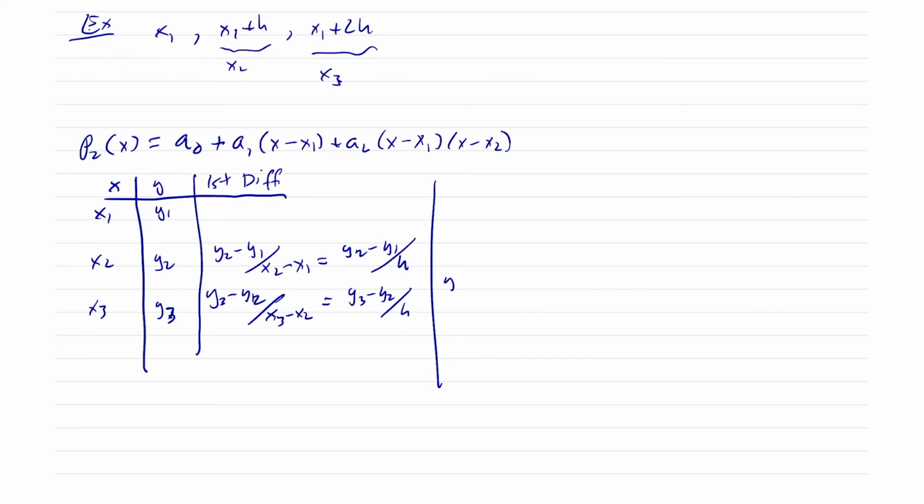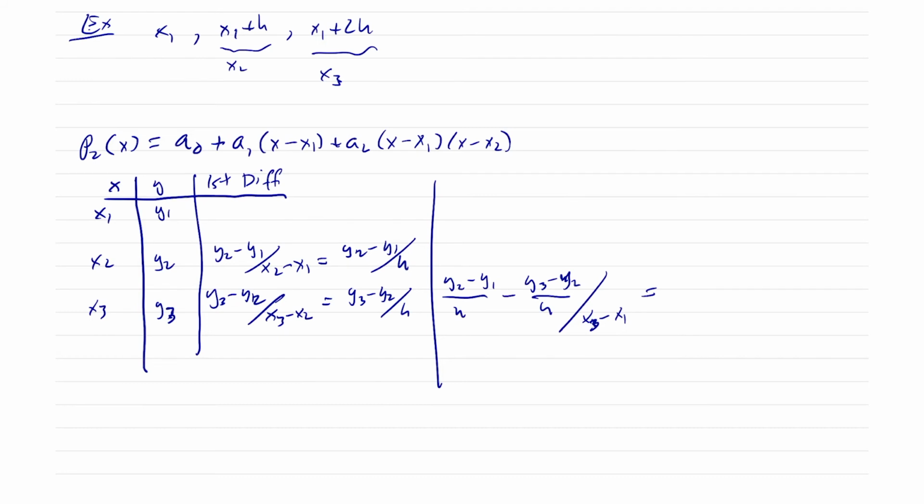Now we're going to take the difference between these two guys. And so it's going to give me y2 minus y1 divided by h, minus y3 minus y2 divided by h itself, divided by x3 subtract x1. And what does this give me?